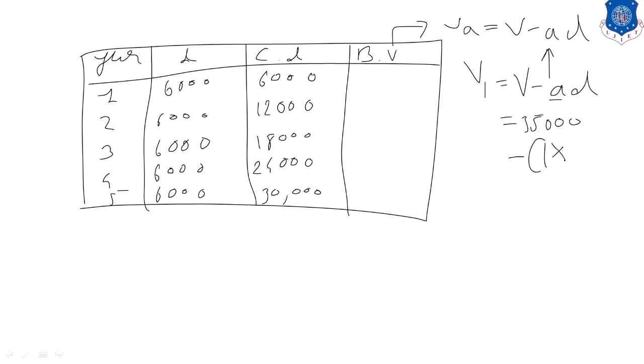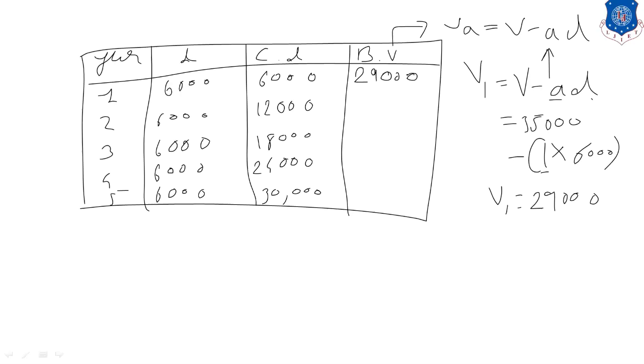We are going to find out for first year, that's why I write 1. Then depreciation, which is 6,000. So by calculating this term, V1 is equal to $29,000. So after end of the first year, we will get $29,000.